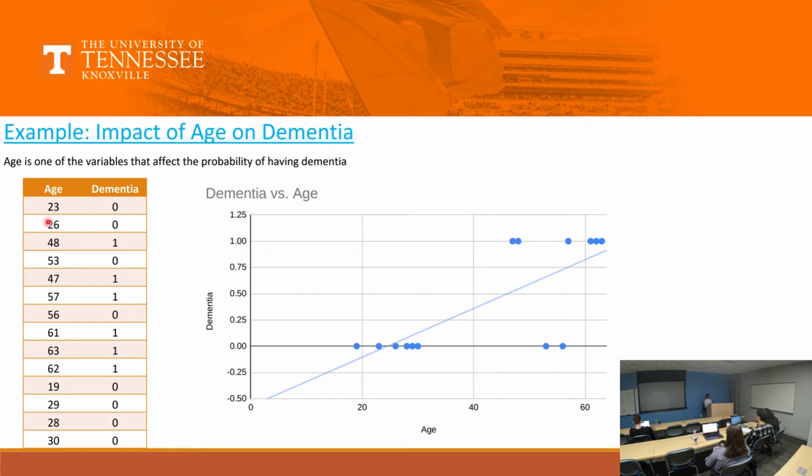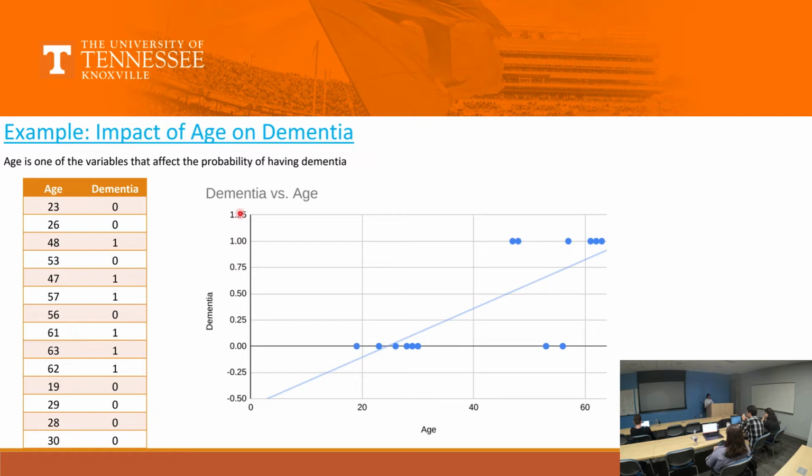Here you see that 0 and 1 are the common answers given: people with age 23 have no dementia. People with age 48 have dementia. Some people with age 53 don't have dementia, but some people around the same age have dementia. Then how do I automate this kind of data, where I can give any age in our class and just tell whether they will have dementia or not?